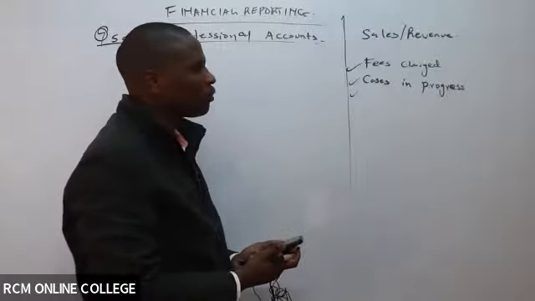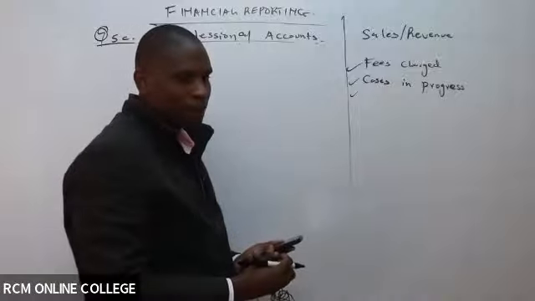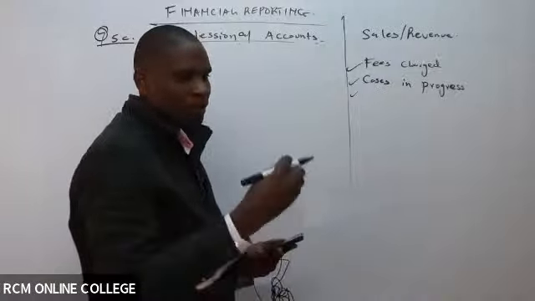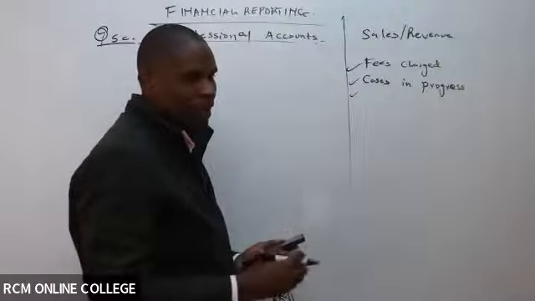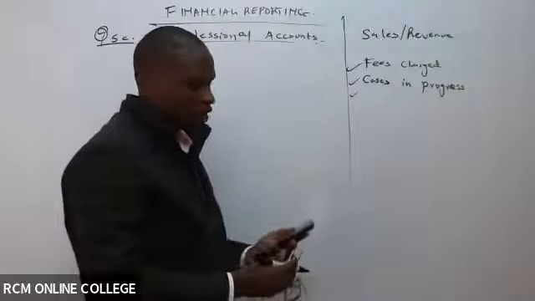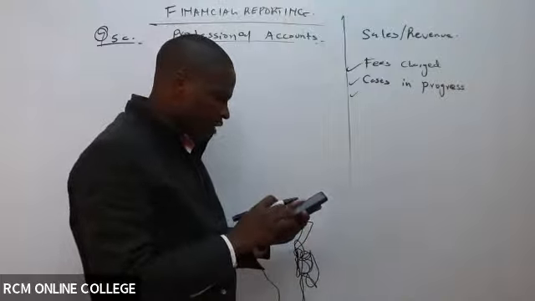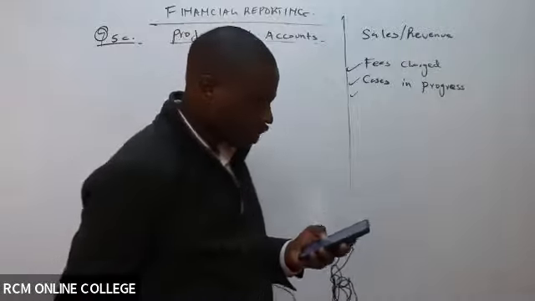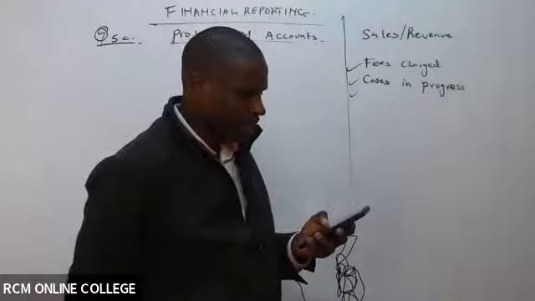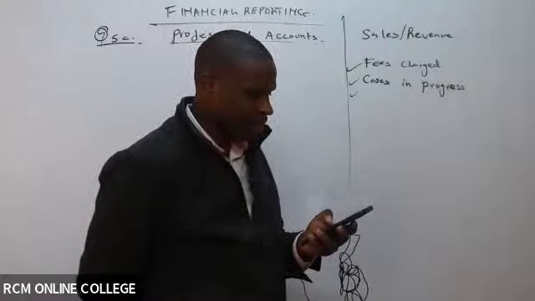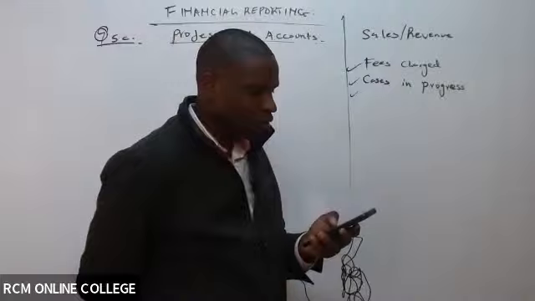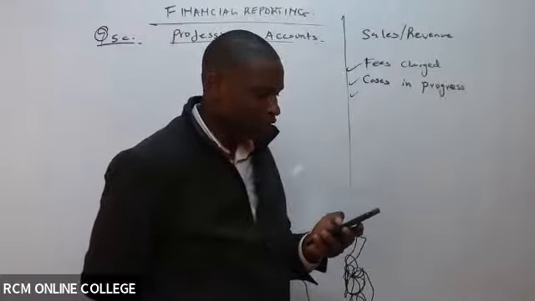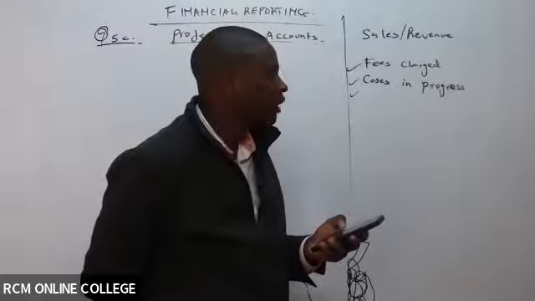So we are going to draw financial statements, both the income statement and the balance sheet, for this company. For these advocates, I can see we have the extracted trial balance from Kakai and Kambaze, a firm of participating advocates as at 1st July 2024.